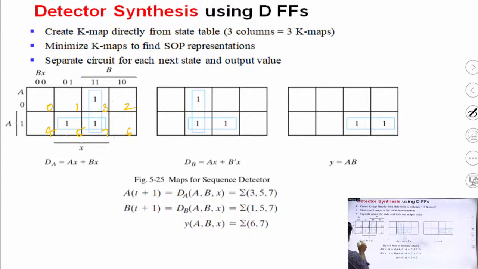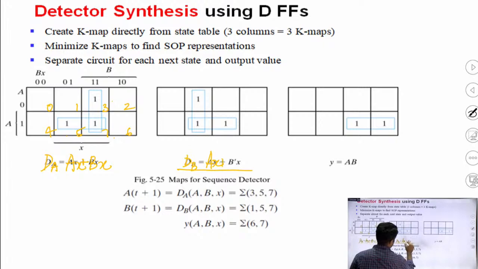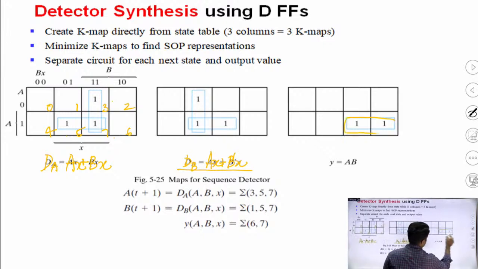So, I am getting the expression dA is equal to Ax plus Bx. Okay. Similarly, for dB the expression is Ax plus B bar x. Similarly, for this y, I am getting the expression A dot B.